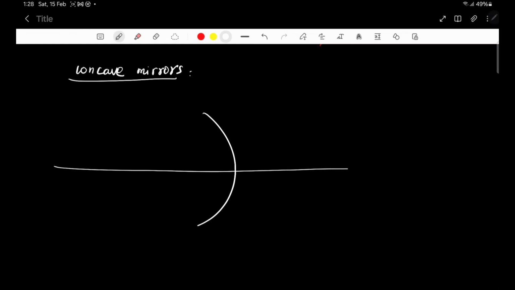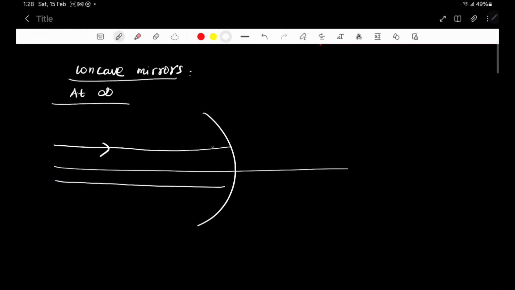Imagine the first condition: the object is placed at infinity. If any light ray is coming from distant objects, those light rays seem to be parallel to each other. It is logically easy to visualize because I told you that before.